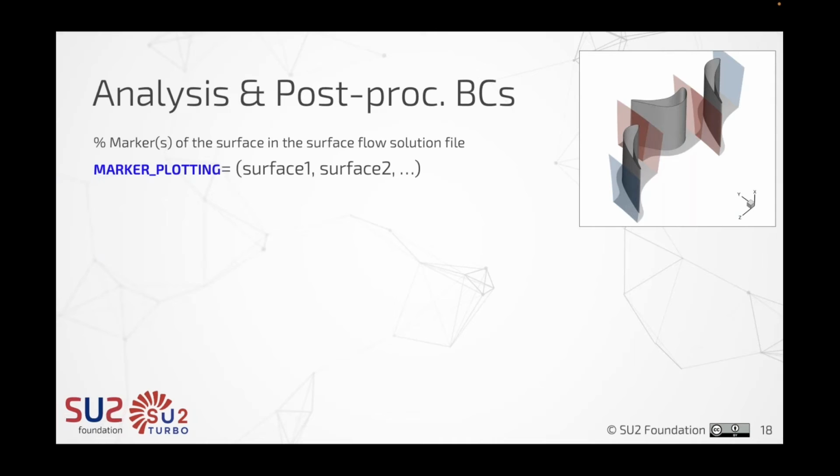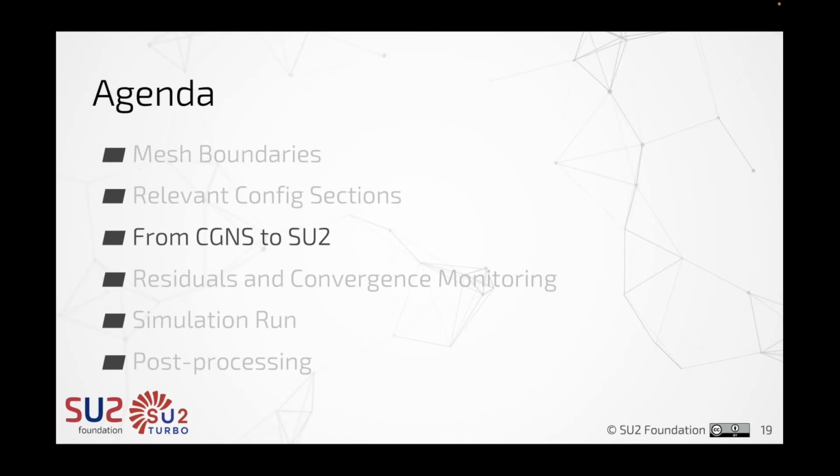It is a quantity that is often available from the experimental side, so you can use it to compare numerical and experimental results. And in order to specify all the surfaces for which you want this information to be written, you will include this marker plotting and then the list of the surfaces for which you want this information.